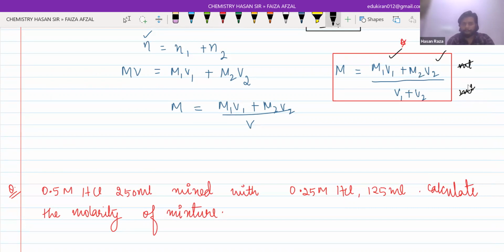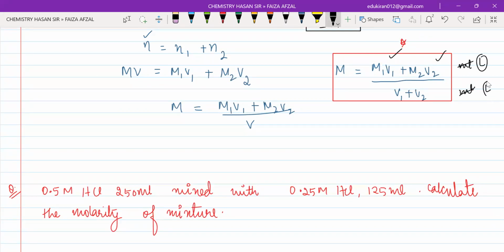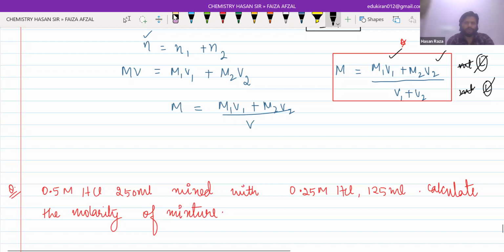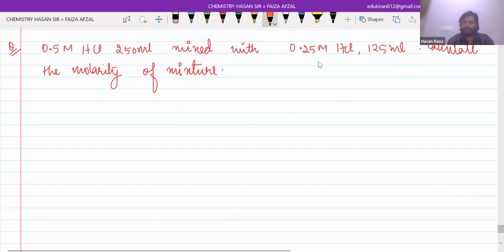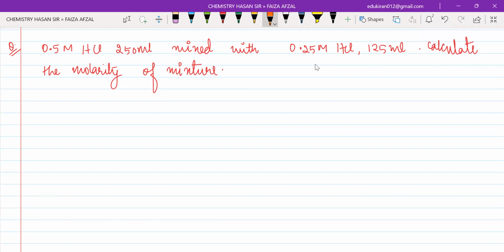Are you getting my point? Yes, sir. And if it is in liter, it also cancels each other. So we don't waste time converting to liter or ml. If one of the containers has ml and the other liter, then we have to convert them into the same unit. Are you getting my point? Yes, sir. Okay, please do it.